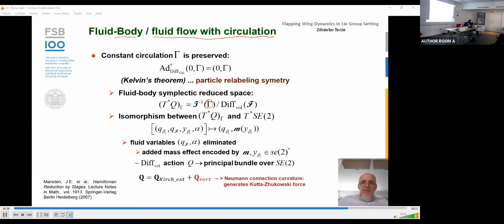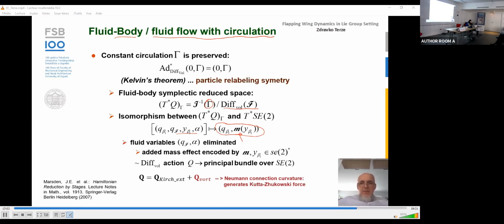However, since the default Lie group is the full symmetry group, we can establish the same isomorphism as before, meaning that we can reduce out fluid variables and establish the whole dynamics of Laplacian flow by only using rigid body variables. In angular momentum, we will have encoded added mass as before.